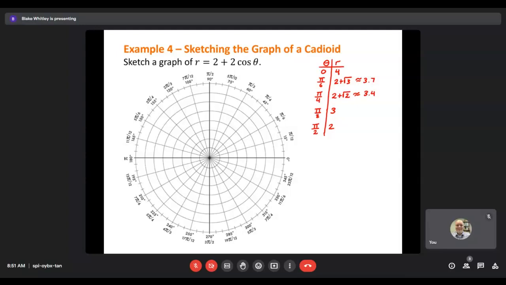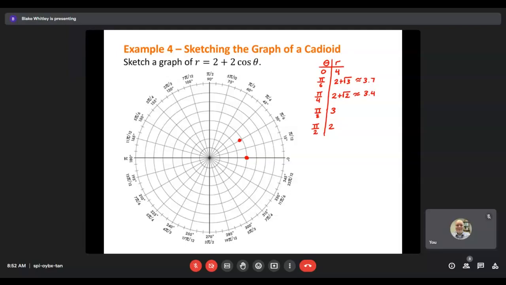All right, so if we start plotting these values, we have a theta value of 0, so that's right along that 0 degree line. Radius is 4, so I'm going to go out 4. We're going to have a point right here. Okay, next, we're going to go around to pi over 6 with a radius of 3.7, so slightly less than the 4. Should give us a point right in here.